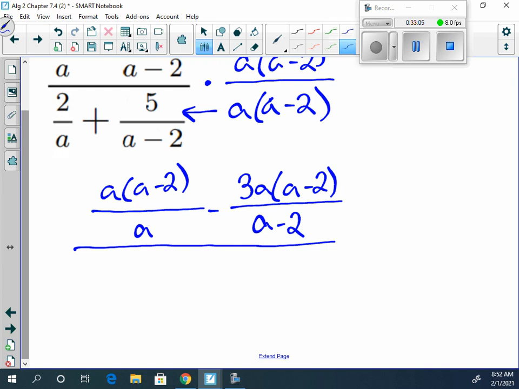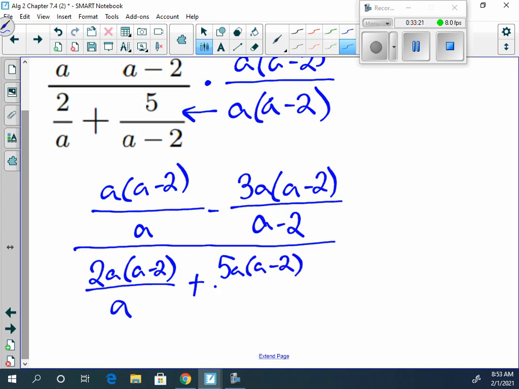We'll do the same thing with the denominator. So we'll have 2a times a minus 2 over a plus, and then we'd have 5a times a minus 2 over a minus 2.